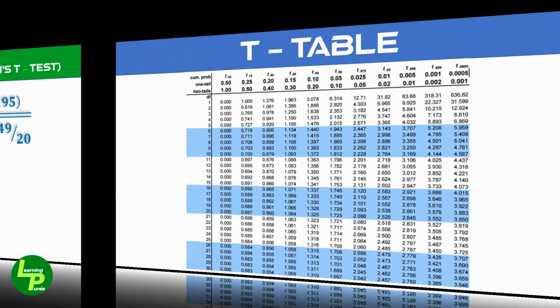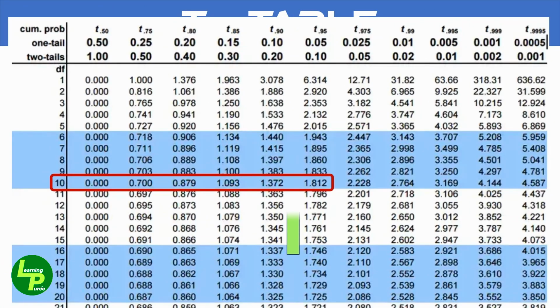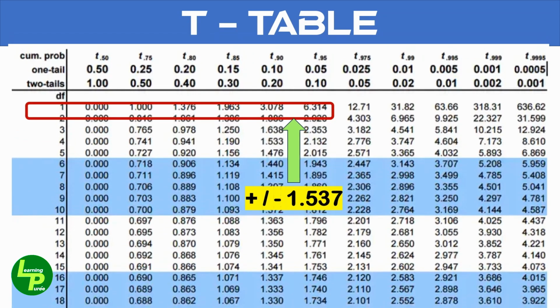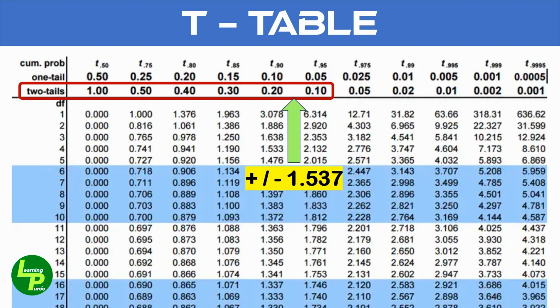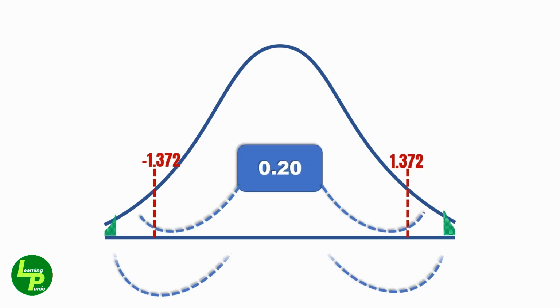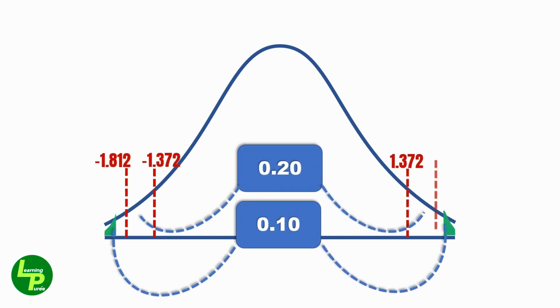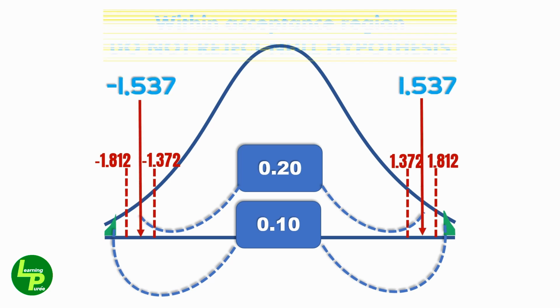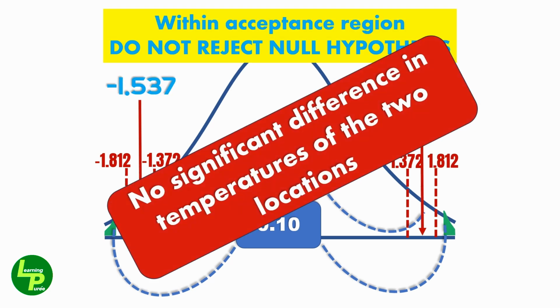Looking up the t-table, we observe that the calculated t-statistic falls in the range of 0.2 to 0.1 on both sides in the t-table. Now, this appears to be in the acceptance region. As a result, we conclude that we do not reject the null hypothesis. As per Welch's t-test, there is no significant difference between the two locations.